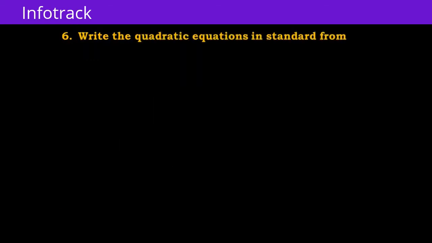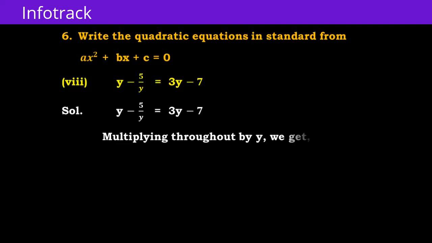Write the quadratic equations in standard form. Again the same question, we have to convert the quadratic equation into standard form, that is ax square plus bx plus c is equal to 0. Now see, y minus 5 upon y is equal to 3y minus 7. In the denominator we have y, so first we multiply throughout by y. We get y square minus 5 is equal to 3y square minus 7y.